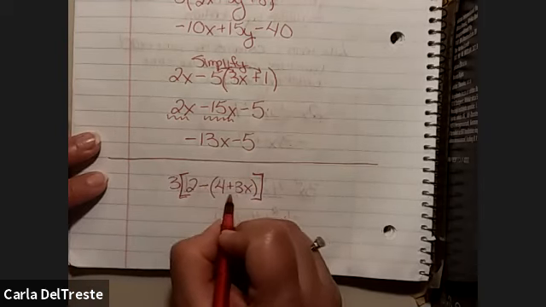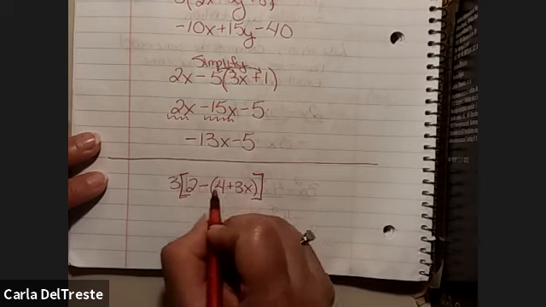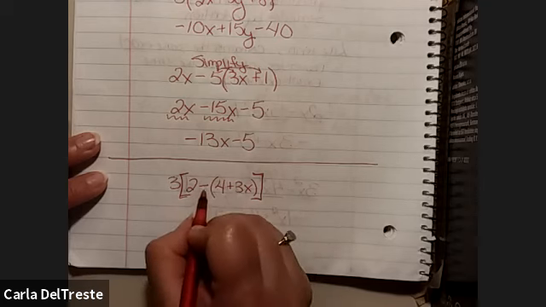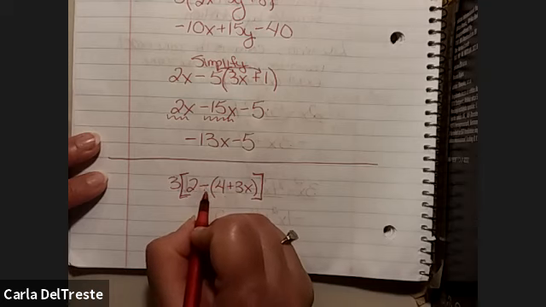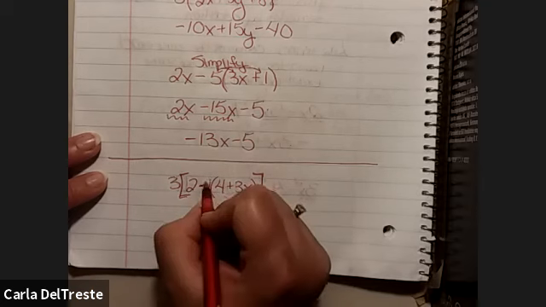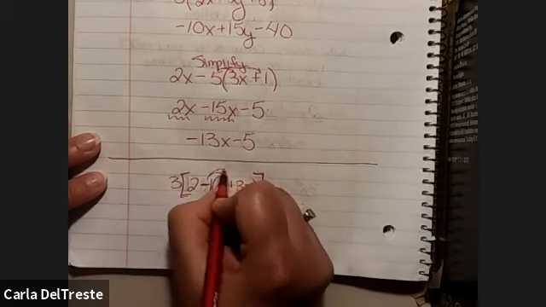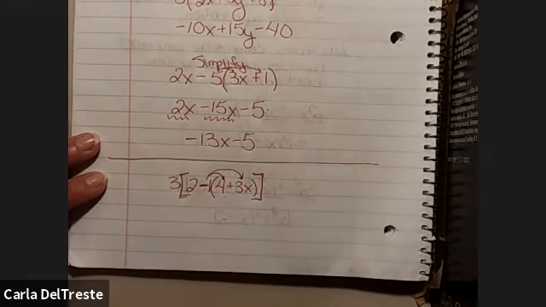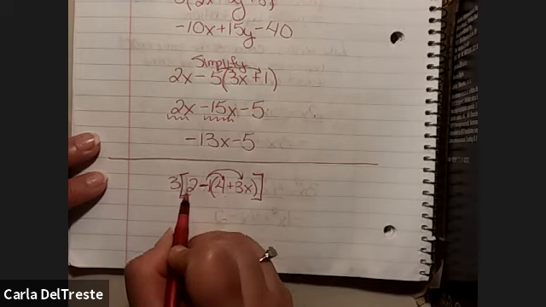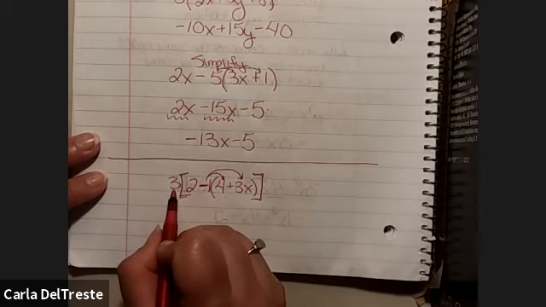So PEMDAS is still in the back of my head. I look at 4 plus 3x, but I can't do anything with that. So I look at what's touching it, what's affecting it. There's a minus sign here, and if you feel more comfortable, you can put a 1. So this negative sign is affecting that parentheses. Nothing is happening with this 2 right now, and nothing is happening with this 3 right now.